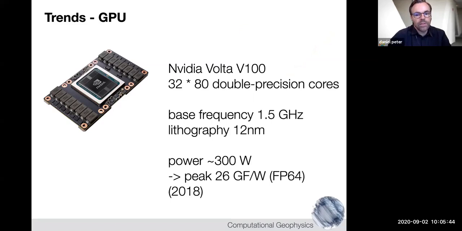But this is as a peak performance. And often when we run stuff on the GPU, we hardly use 10% of the peak performance. So the actual number of floating point operations we would have when we run a wave simulation propagation on the GPU is maybe 1/10 of that.